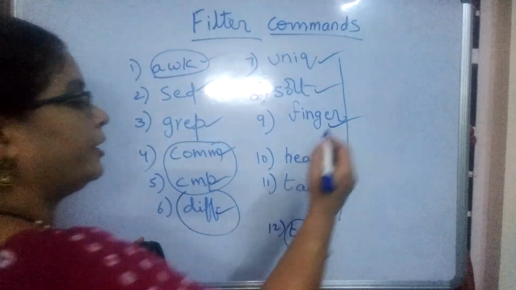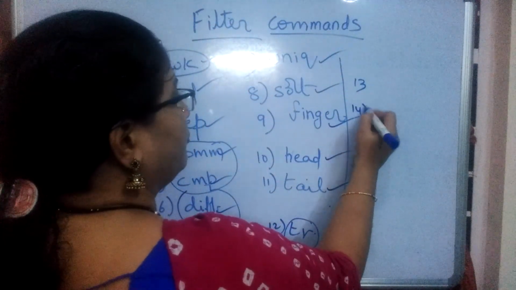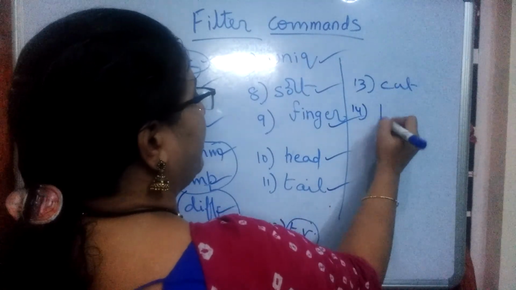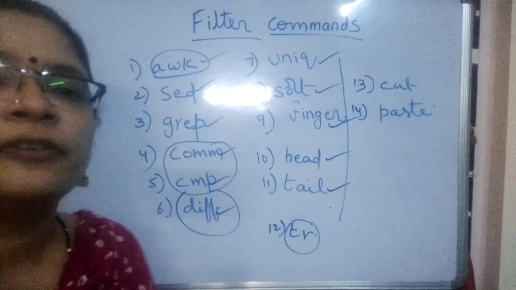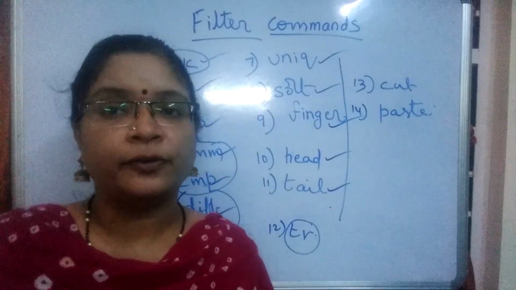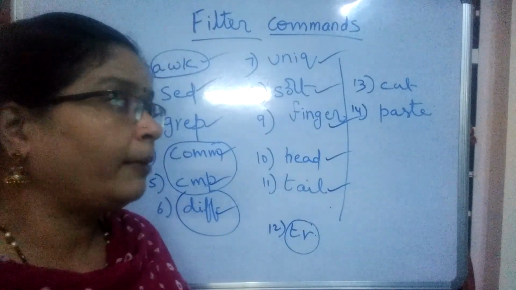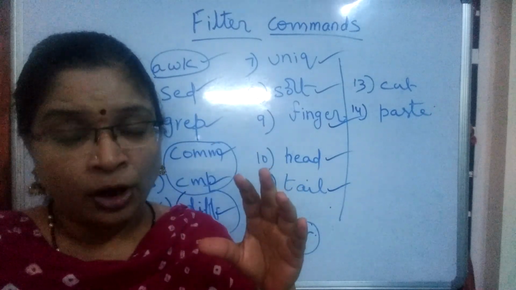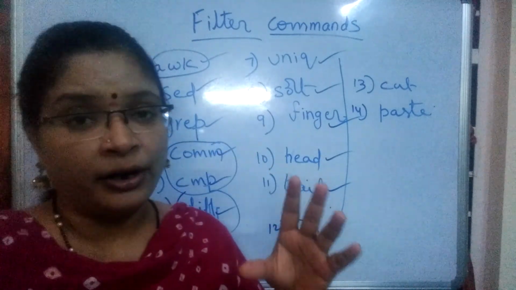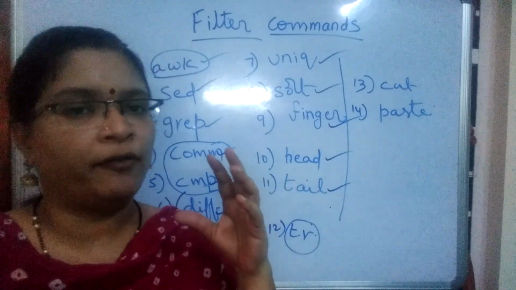Tr command we have already discussed. 13 and 14, cut command and paste command. What is the purpose of this cut command and what is the purpose of this paste command? Cut command is used to cut the required column or required text or required information, whatever we have given.